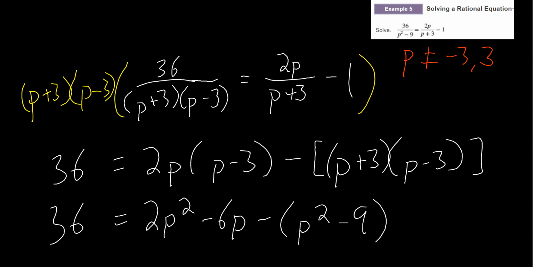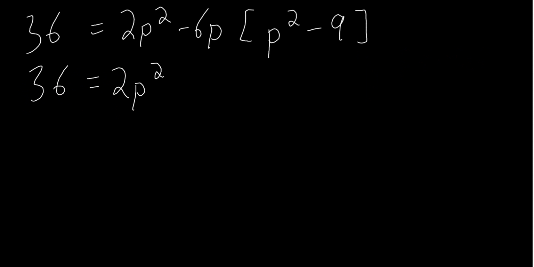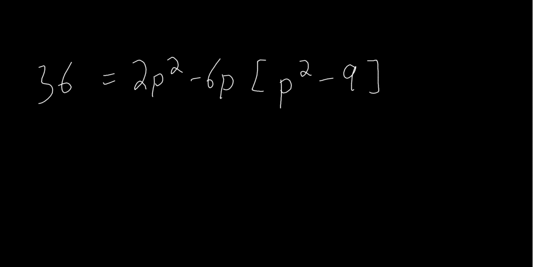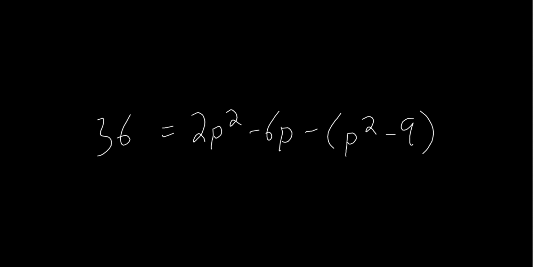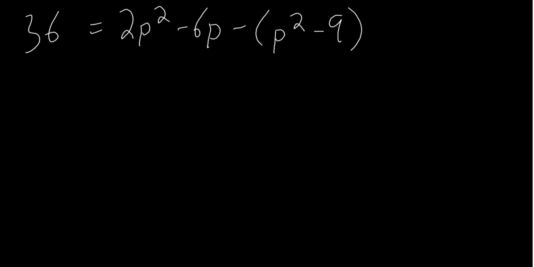Okay, 36 is equal to 2p squared minus 6p.